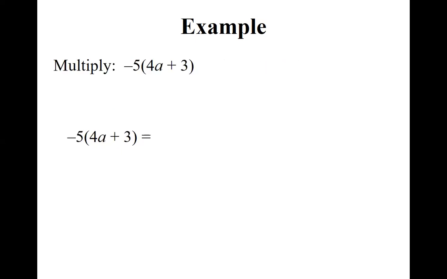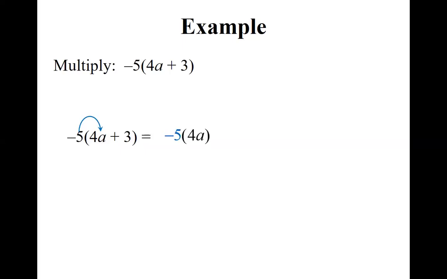Negative 5 times 4a plus 3. Again, we can't add 4a and 3. We don't know what a is. We still need to be able to multiply. We still need to be able to get rid of the parentheses. We use the distributive property. Negative 5 times positive 4a, we can do that.